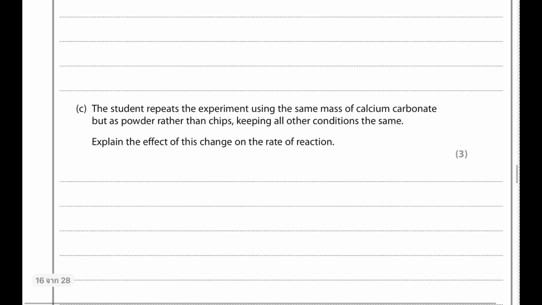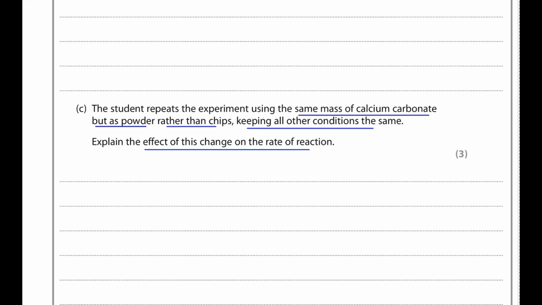Okay, then question C. The student repeats the experiment using the same mass of calcium carbonate but as powder rather than chips, keeping all other conditions the same. Explain the effect of this change on the rate of reaction.